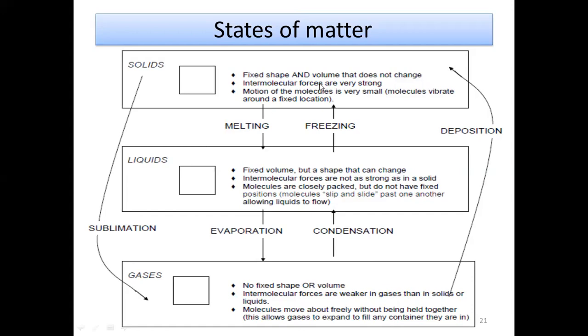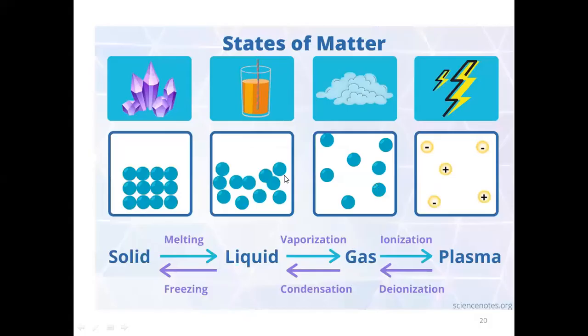Again, look at the third property, intermolecular forces. Here they are strong, but in liquids the intermolecular forces are not as strong as in the case of solids. You can say the intermolecular forces are weaker than in solids, because in solids the forces are strong, but now one molecule is away from the other.